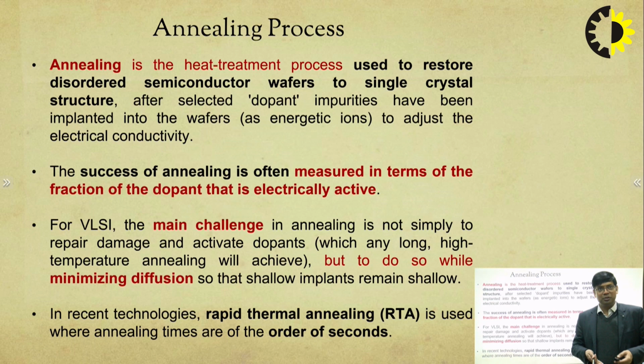And diffusion means the dopant ions will go to those areas in a wafer where we don't want them to go, because we have already done the ion implantation. We have already placed the dopants into the desired areas, and at high temperature, when annealing is going on, dopant ions from those desired areas in the wafer are moving to other areas, which is undesirable.